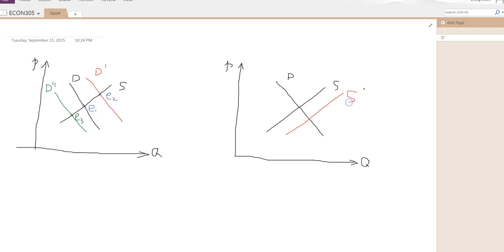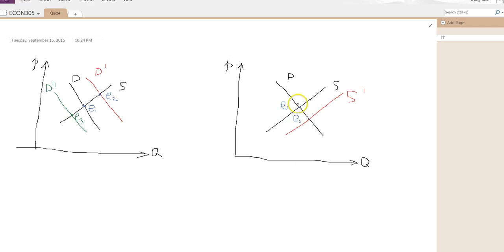So S prime is the new supply curve. In terms of the equilibrium point, originally we were here, E1, and for the new equilibrium, E2. You can see that compared with E1, the price goes down. And what about the quantity?